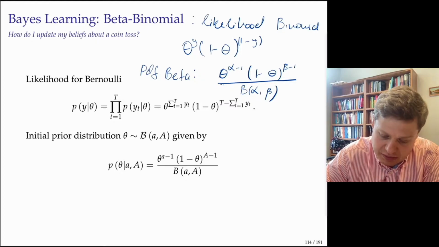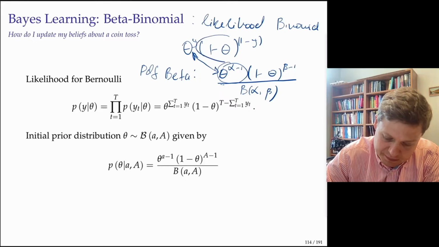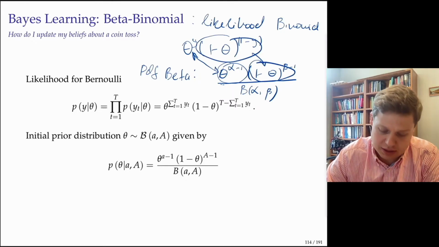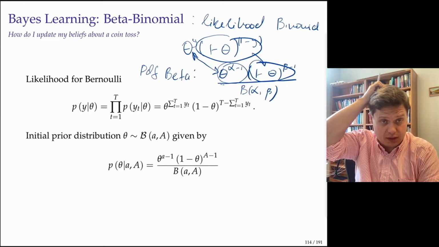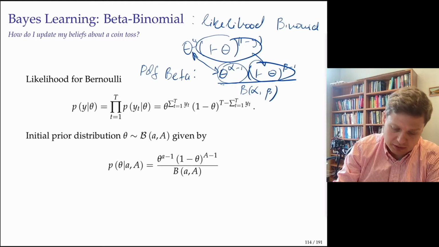So you basically have a similar looking function. And essentially, this is a shortcut for how you can think of a conjugate prior for a given likelihood.